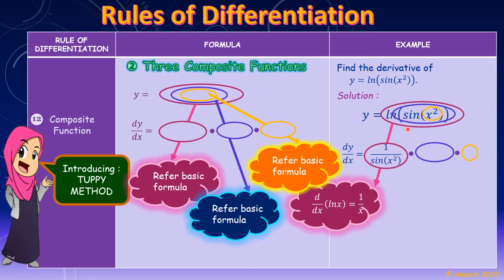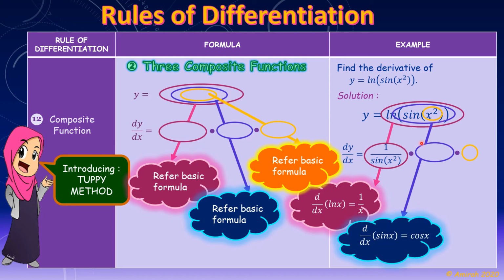So when we differentiate ln of sin x squared, it should be 1 over sin x squared. After that, we need to differentiate sin x squared. To differentiate it, we refer to the basic formula: the derivative of sin x equals cos x.